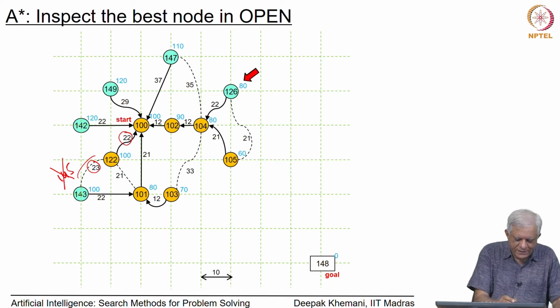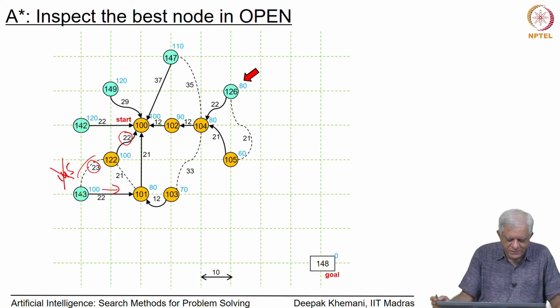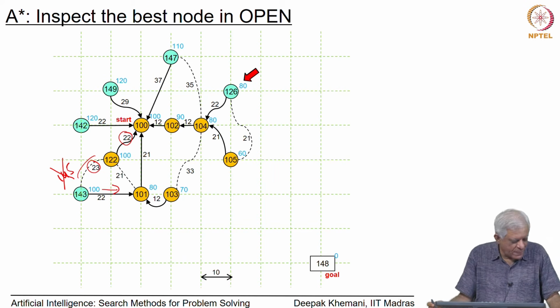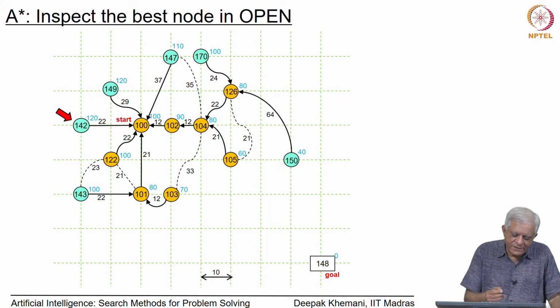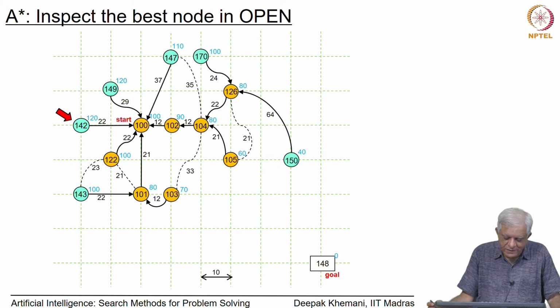So, it maintains this back pointer, which is the shortest path of reaching that node, but it shifts its attention back to this node with heuristic value of 80 and f value of 126, generates its neighbors, and as you can see here, it has shifted its attention back to another node whose f value is 142, because the other nodes are more expensive.